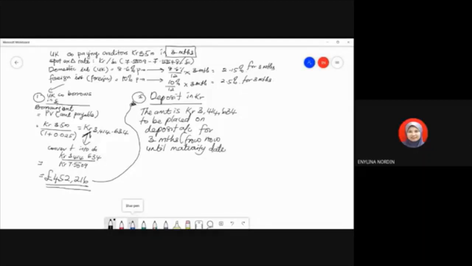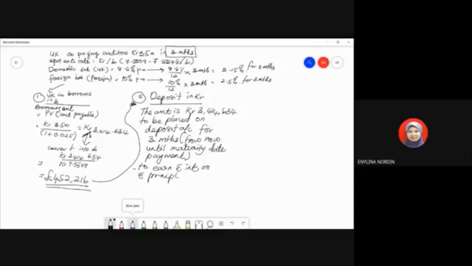So that means for 3 months. Maturity date is the payment date. So why do you place this amount for 3 months? Because the company wants to earn the interest on the principal amount.